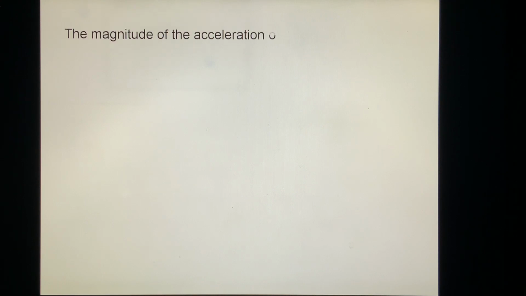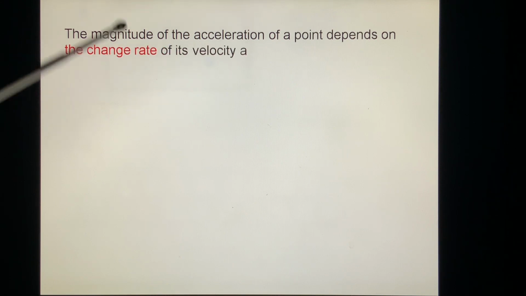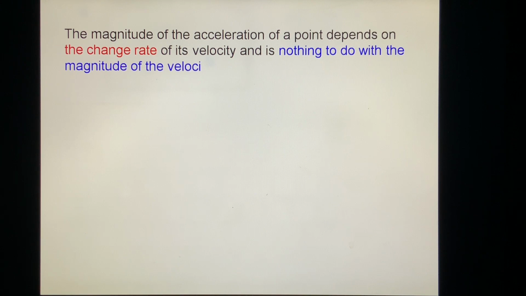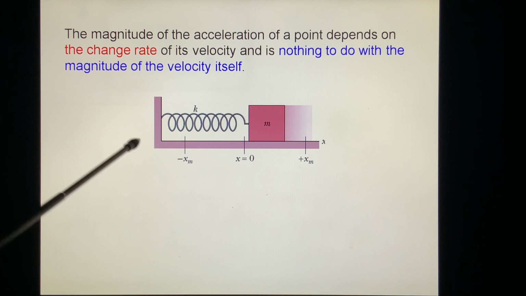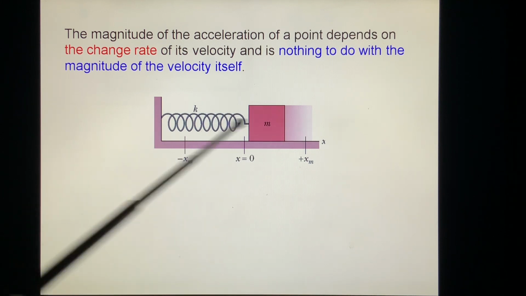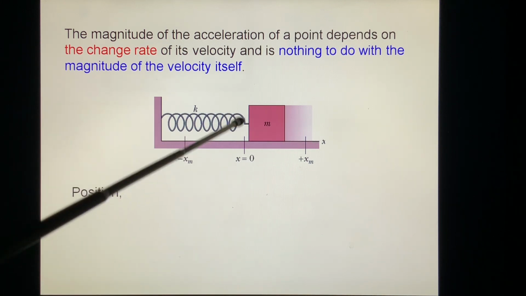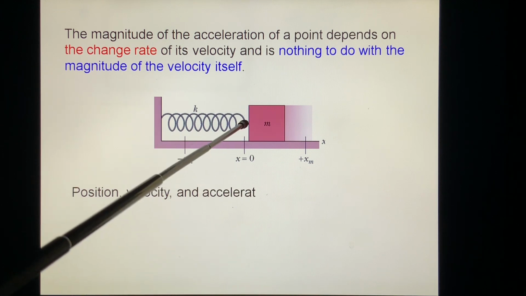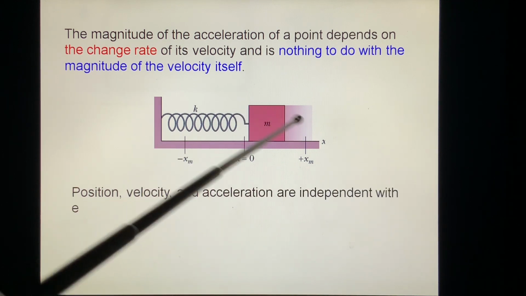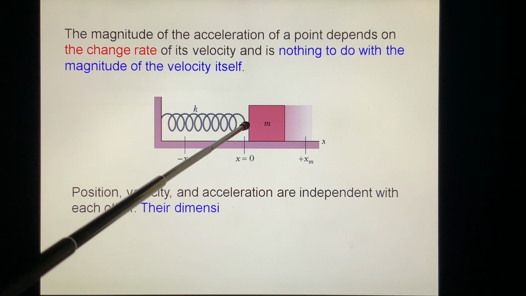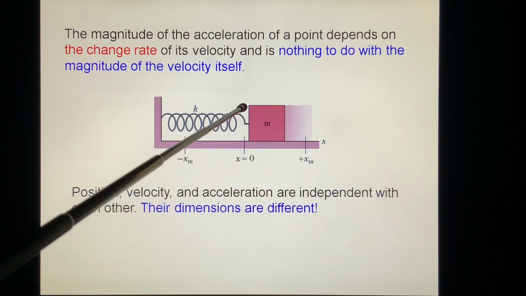The magnitude of the acceleration of a point depends on the change rate of its velocity. It has nothing to do with the magnitude of the velocity itself. Look at this vibration, which we are familiar with. At this neutral point, it goes back; x is very small, velocity large.